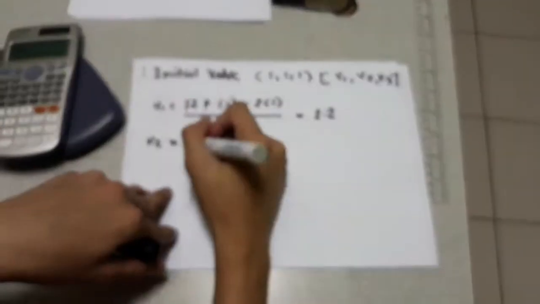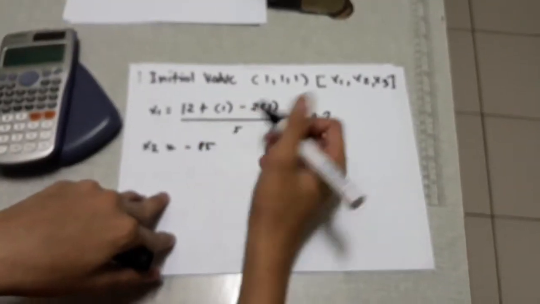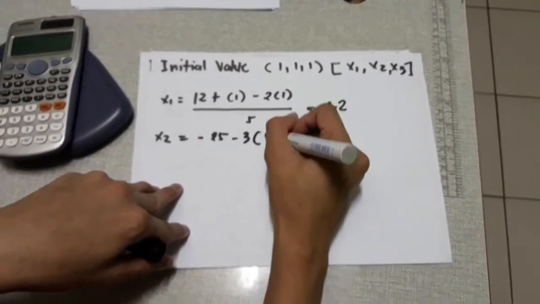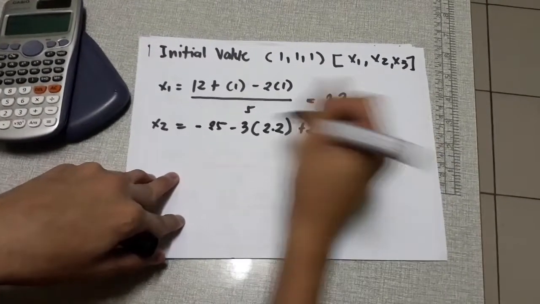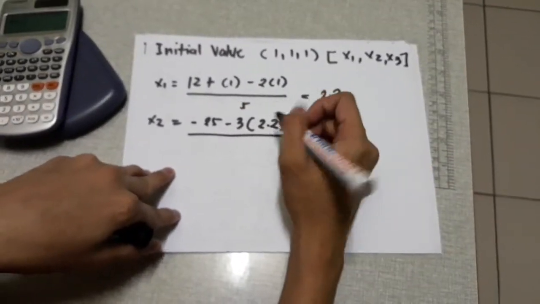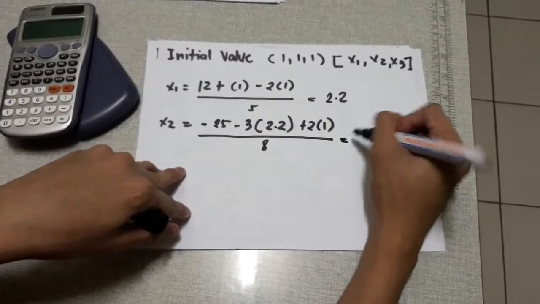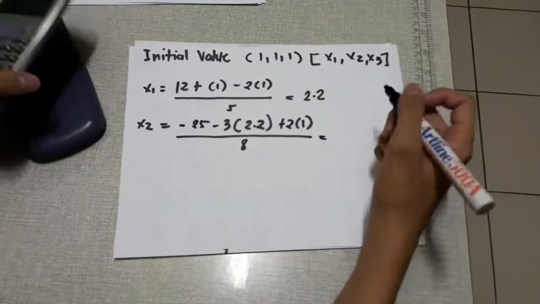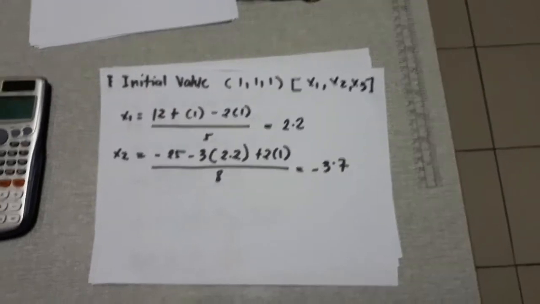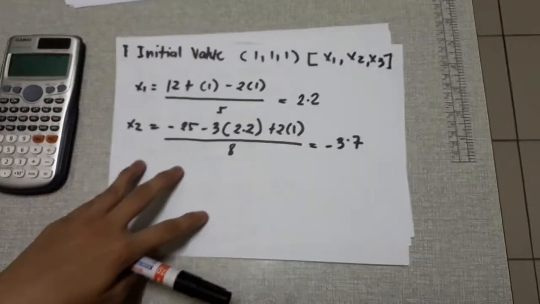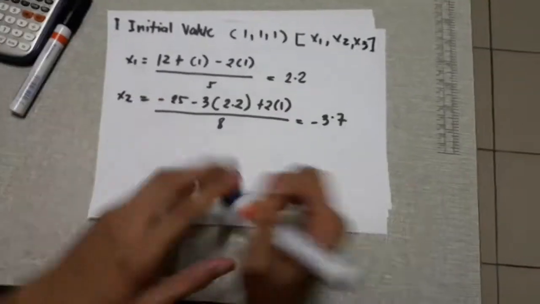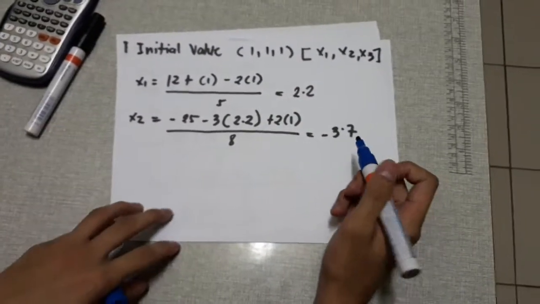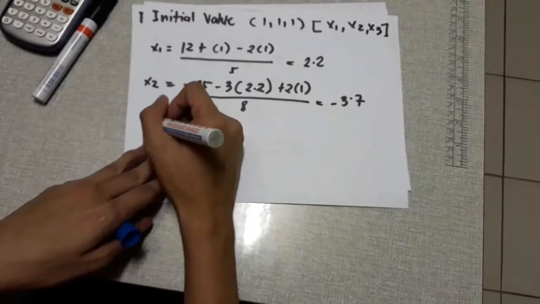We will substitute it as the new value of x sub 1. So negative 25 minus 3 times 2.2 plus 2 times 1, over 8, is equal to 3.7. The new value of x sub 2 is 3.7, and we will substitute it in the equation for x sub 3.